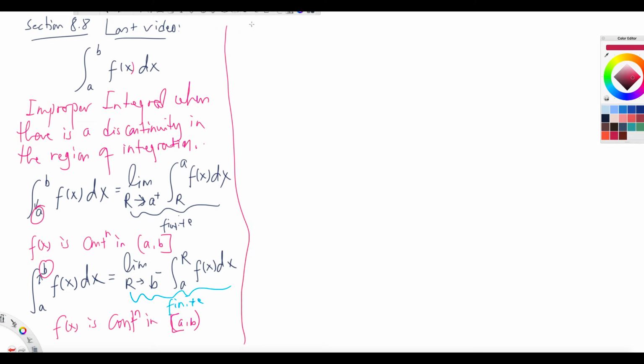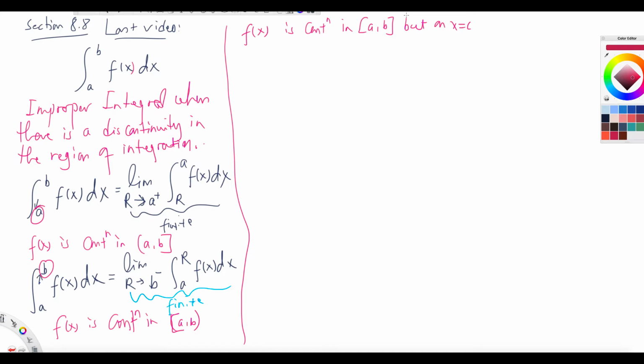Suppose f of x is continuous in a to b, but at x equals c, with c inside ab.